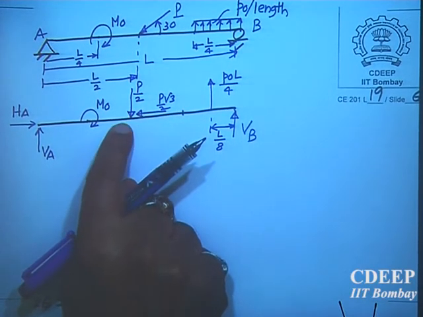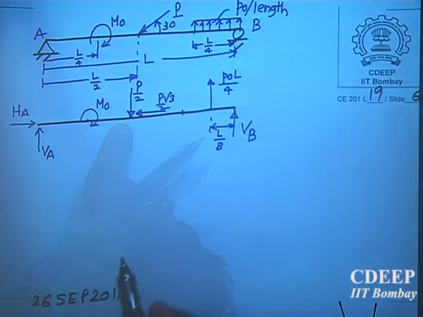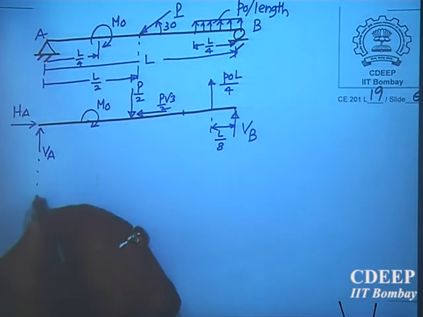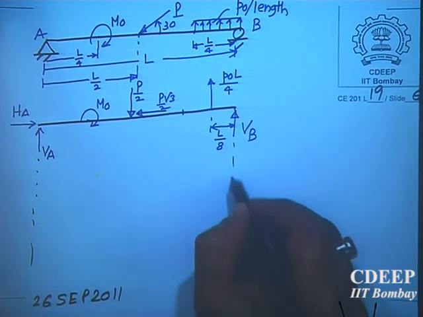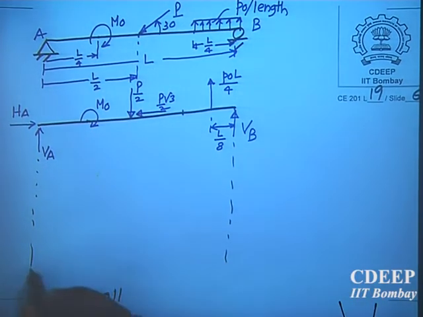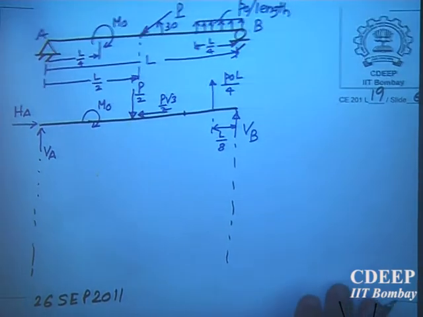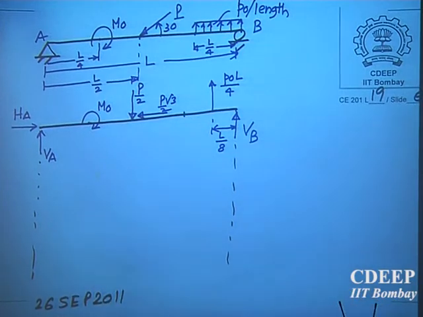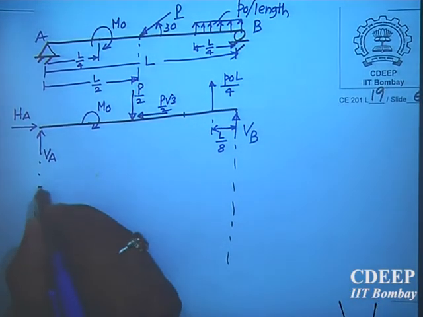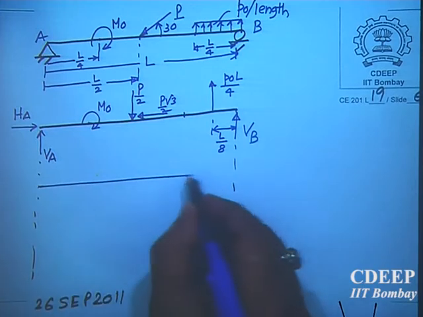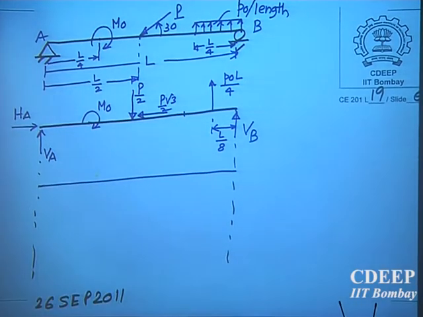But can you tell me quickly, one person who will tell in the end, even without finding out the reactions, can we draw the axial force diagram? Yes. Okay. So what is the axial force diagram? This is the axis I want to draw.